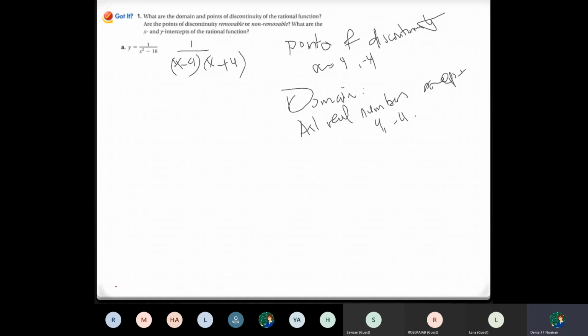Now, where's Yara? Yes, Yara. Does this function have removable or non-removable discontinuity? Non-removable. Thank you. Can you tell me why?